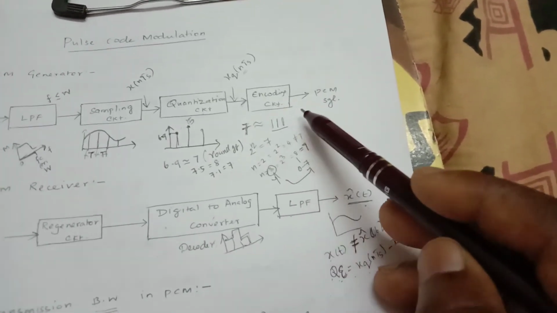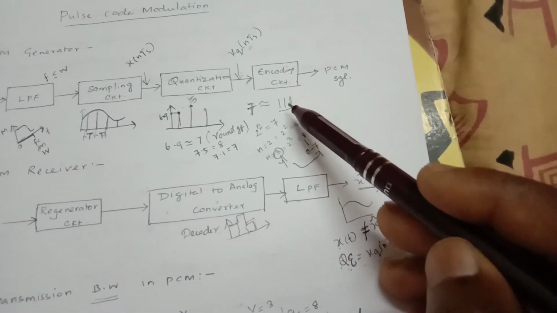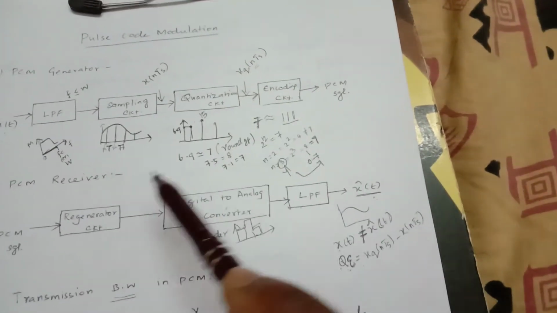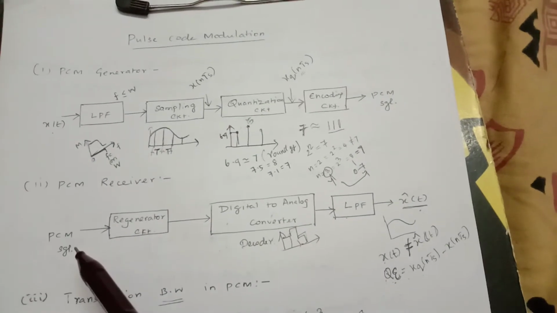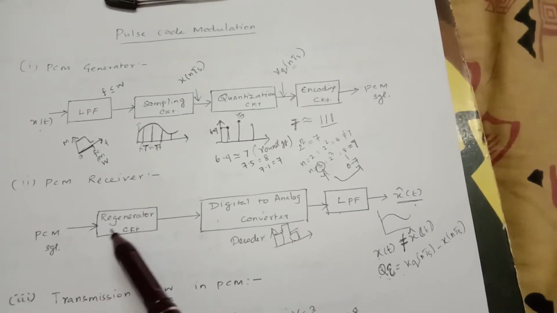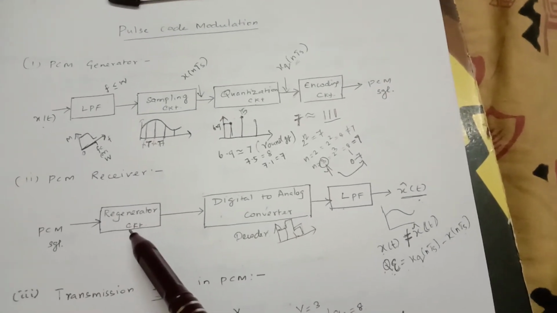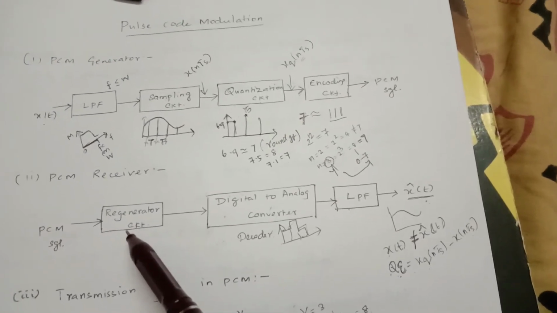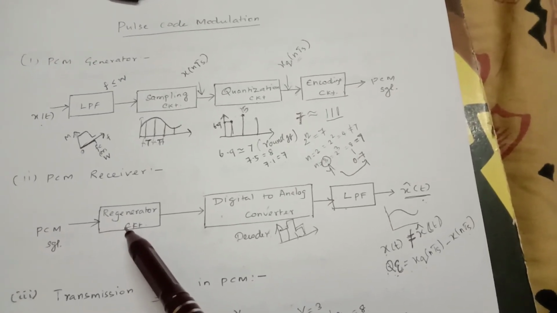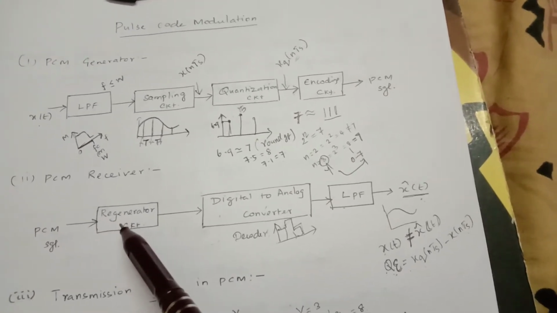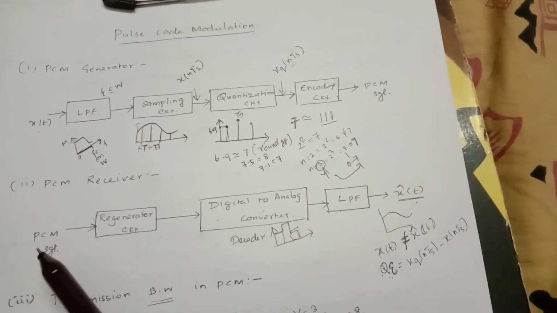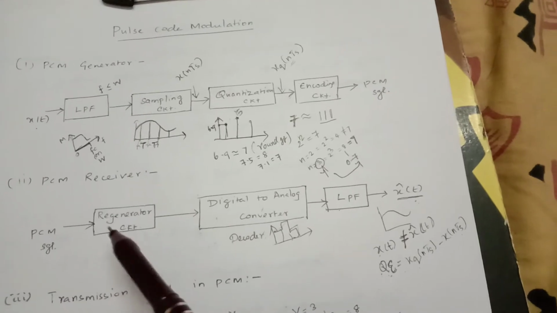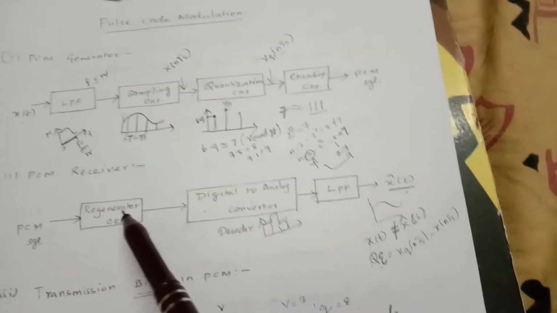This will be the pulse code modulated signal. Here the pulse code modulated signal is given to the regenerator circuit. The regenerator circuit acts as a filter, as well as it regenerates the shape of the pulse code modulated signal. It is on the receiver side.